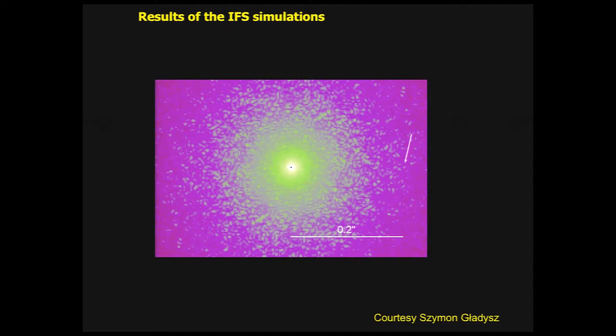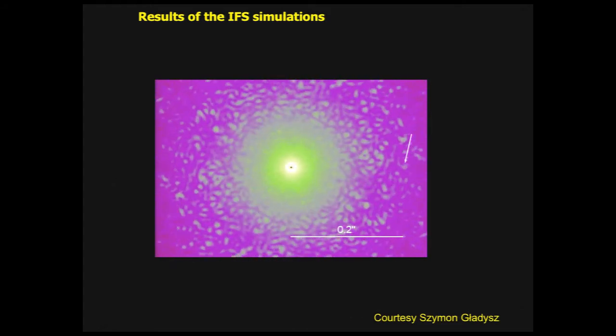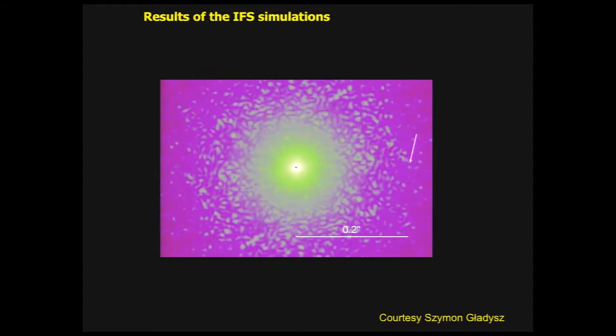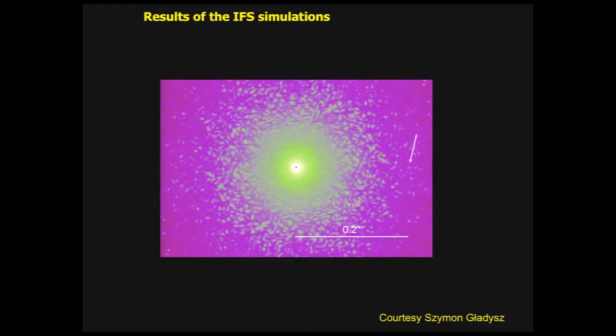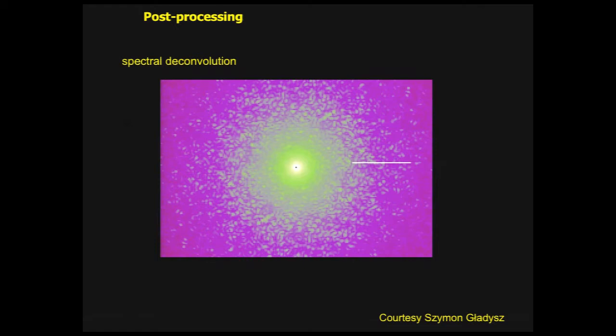However, if you take images at different wavelengths, what happens is that the speckle will have a distribution that depends on the wavelength, while the planet will not. And so, in the end, there are ways to gain information from this wavelength dependency of the speckle pattern.